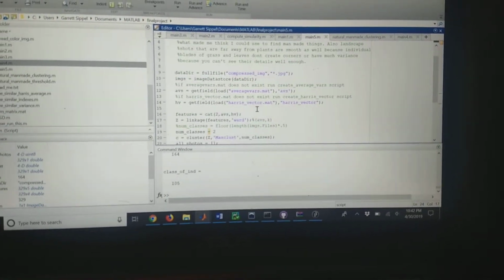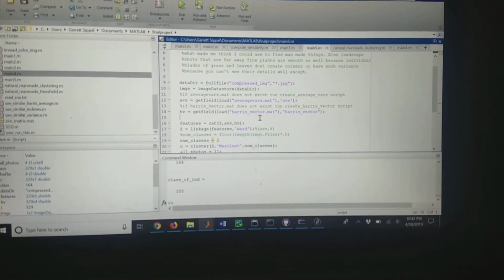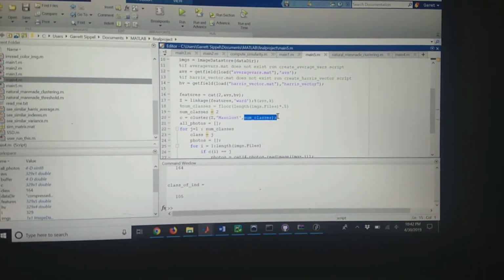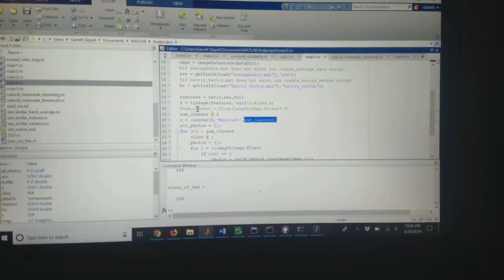The one problem that this algorithm still has is that images that aren't very similar to one another, or photos that are unique, tend to get grouped with another photo. I used agglomerative clustering, so I was able to provide it with a max number of classes as an input, and I'm actually not using 2 here.